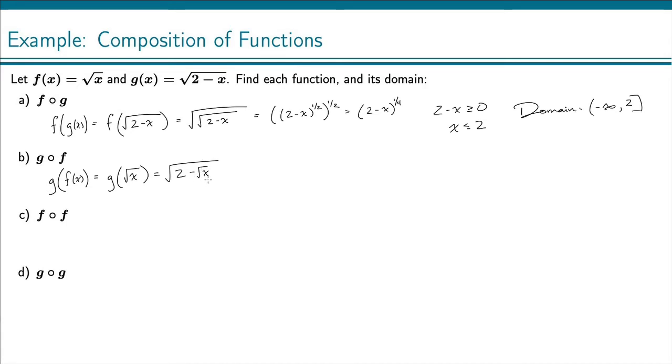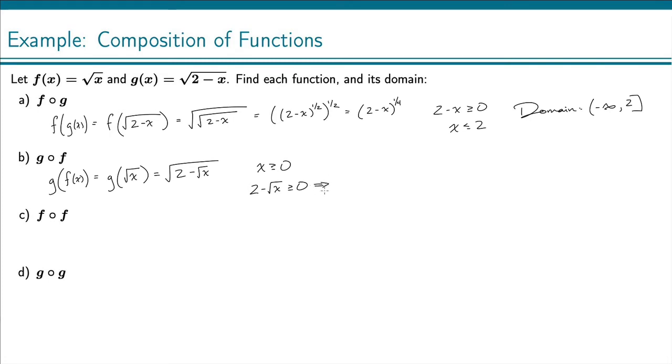And for the domain, there's two things going on here. First of all, we have this x that we're doing the square root of. So of course, we know x must be greater than or equal to 0 because we can't take the square root of a negative. But then this whole thing underneath that outside square root, that also has to be greater than or equal to 0. So 2 minus the square root of x must also be greater than or equal to 0.